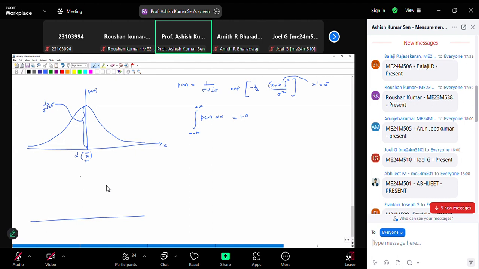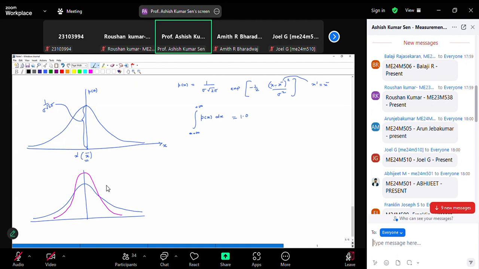Let's say for one experiment my data looks something like this, and for another set my data looks something like this.